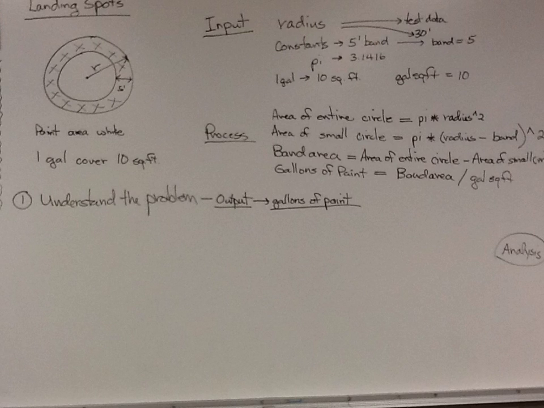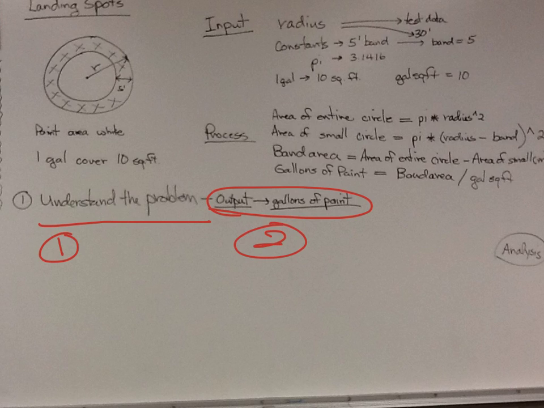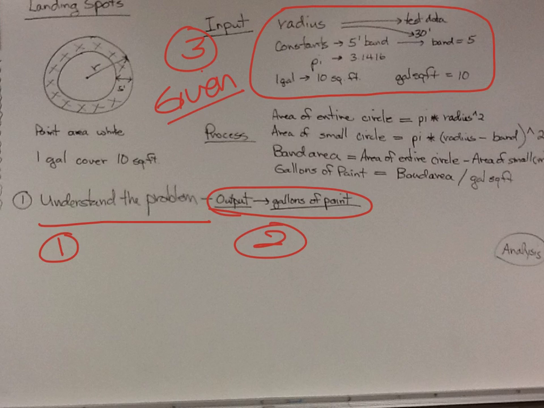So here it is in a nutshell, so to speak. First thing, you understand the problem. Typically the second thing, what do you want out? Usually, then what do you have to put in? You know, what information do you have to put in? For example, the given. We're given that, or we're going to put that in.